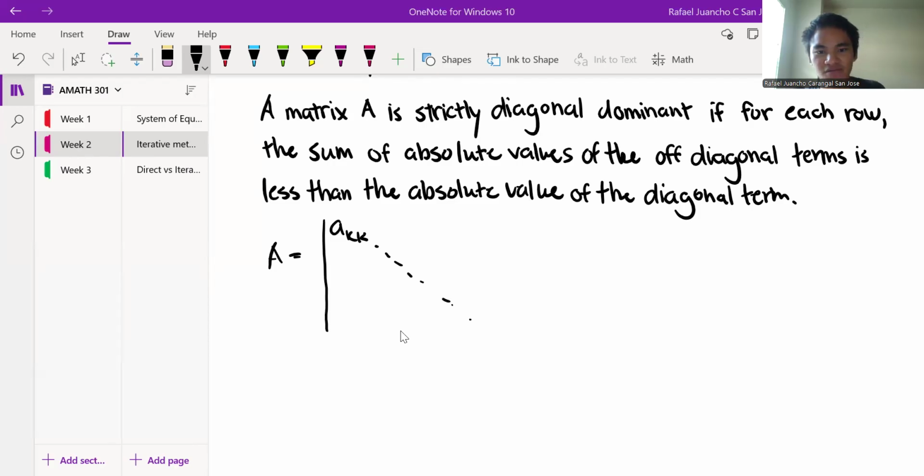And then these are the off diagonals. So this could be like A_kj, something. Same here. Here I'm just saying that these are off diagonals, right?